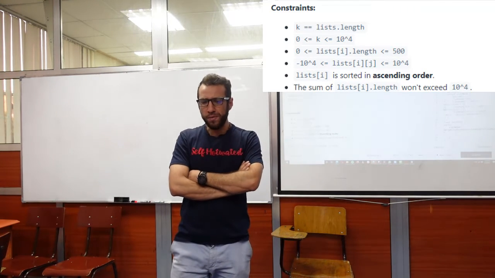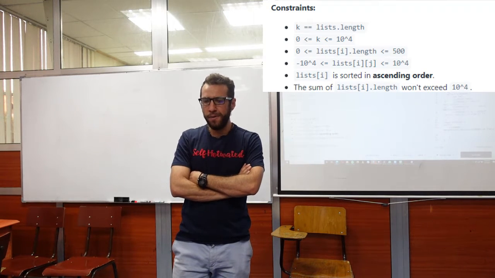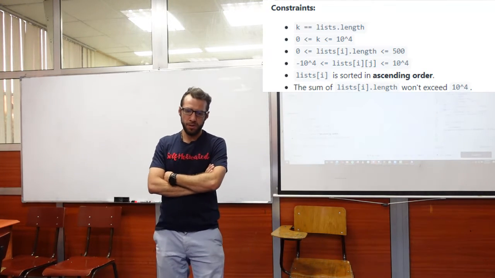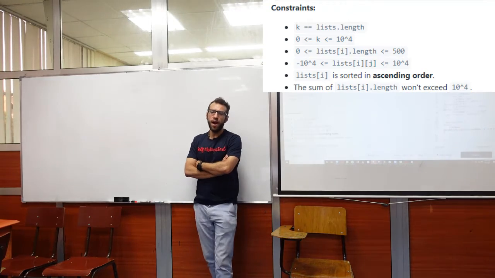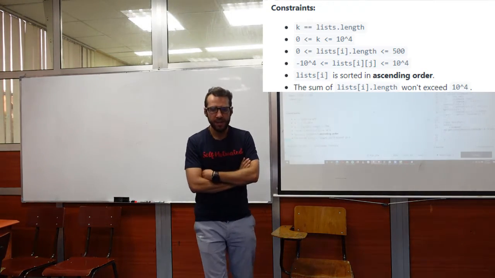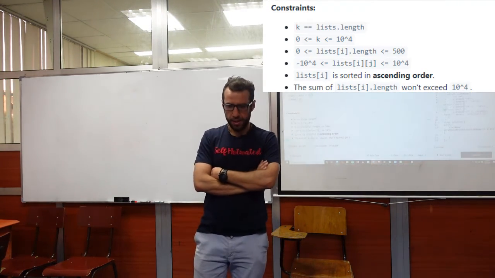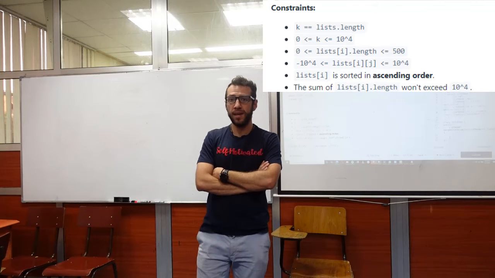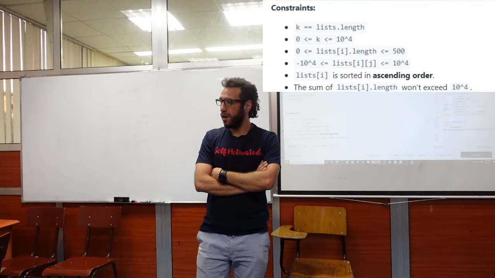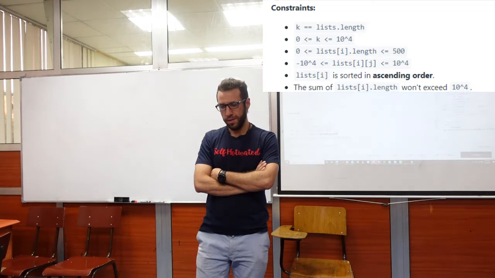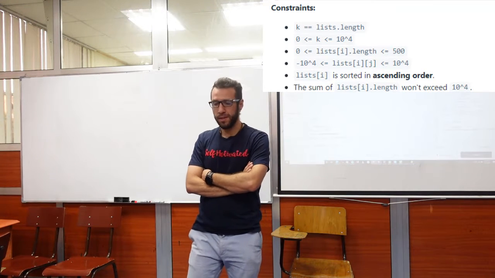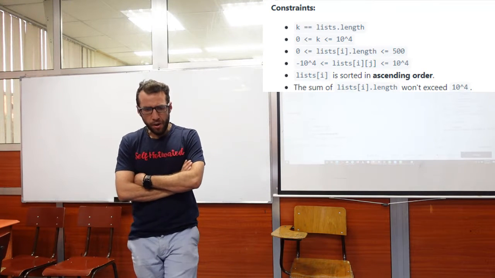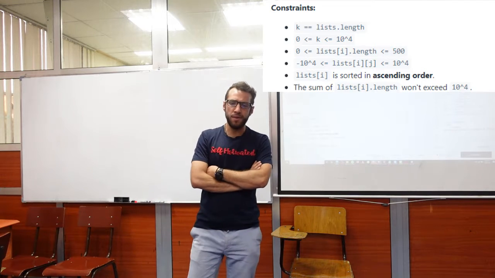So each of these lists will have 500 elements at most. Meaning we can have up to 500 times 10,000 elements. So 500 times 10,000, this is 5 million, right? Is it? 500 times 10? Yes, it's 5 million. And all the elements in the list, they are less than 100,000.